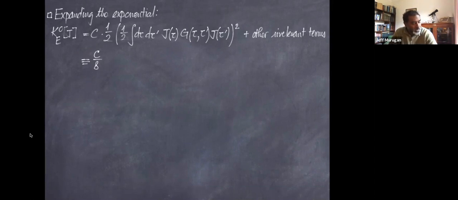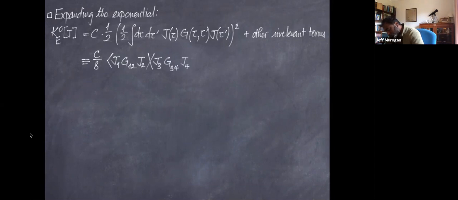It's a definition, if you want. J1 G12 J2. So I'm taking the same expression that I had there, throwing away the irrelevant terms, and writing the term that's squared in the brackets as follows: J3 G34 J4.